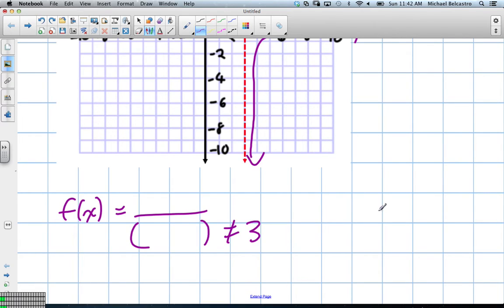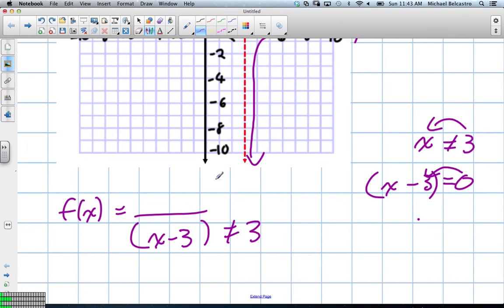Normally when we set these up, we would say x minus 3 cannot equal 0, right? But we could always work backwards from there. In this case, x cannot equal 3, so we would reverse this. In order to set it equal to 0, we would bring the 3 back over, and when we bring the 3 back over, it becomes a negative term. So this so far would fulfill the bottom, our x minus 3. So that should be the bottom of our equation.